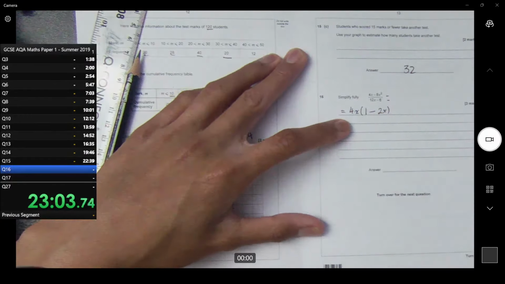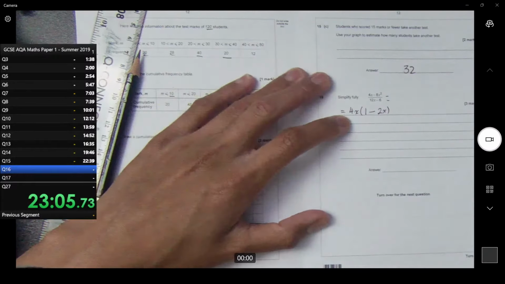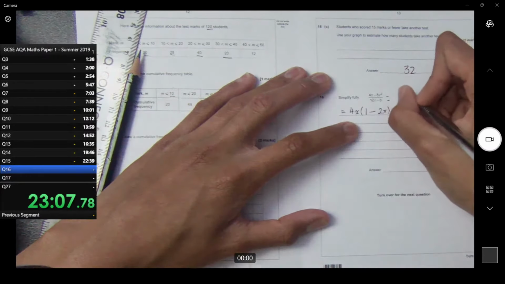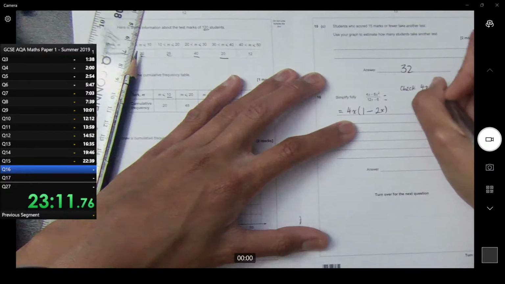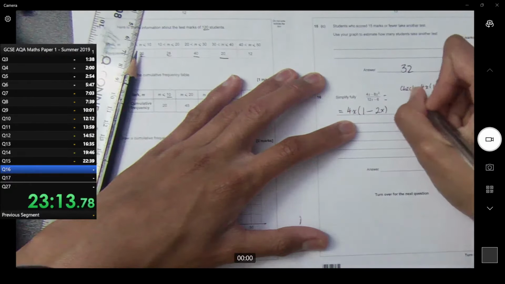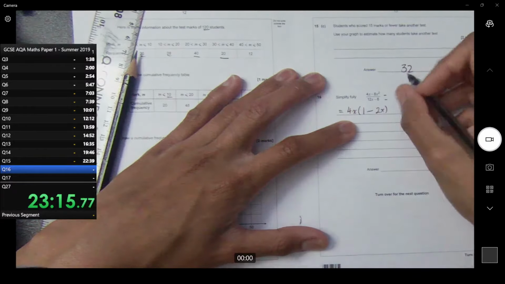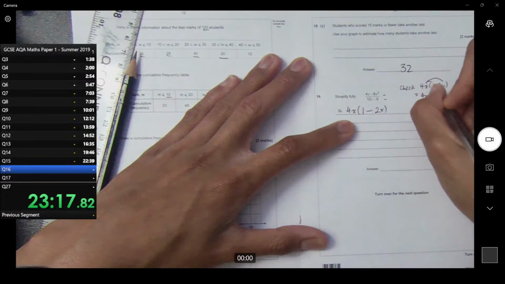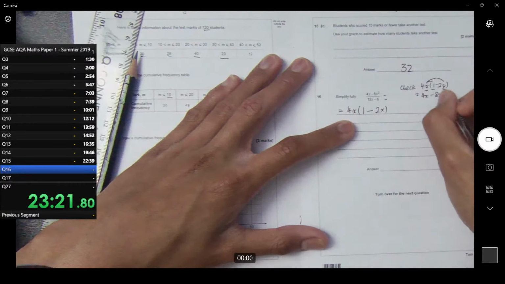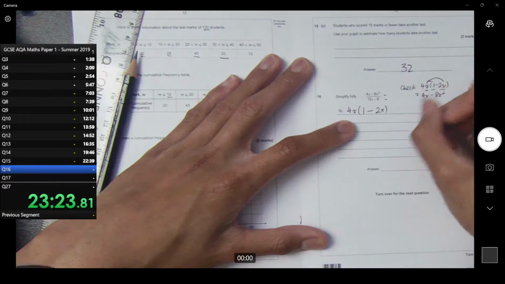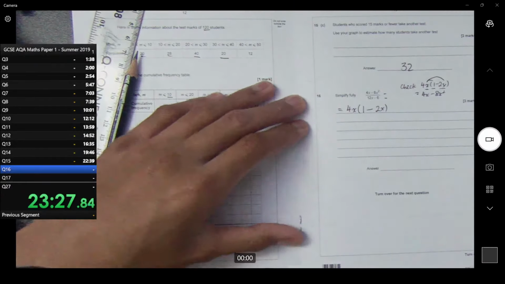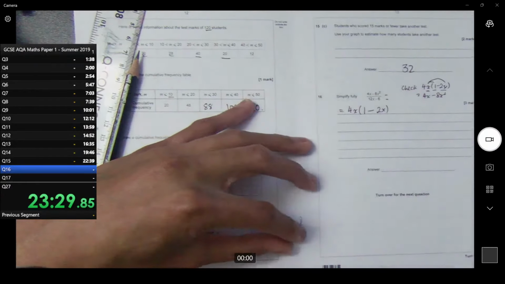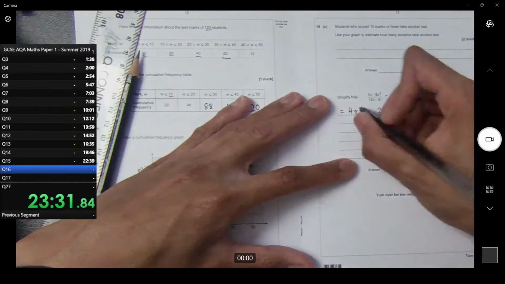To check everything is correct, we'll try and expand these out again. Because 4x times 1 is just 4x. 4x times 2x, you get 8x squared. Okay, so that's the top done.